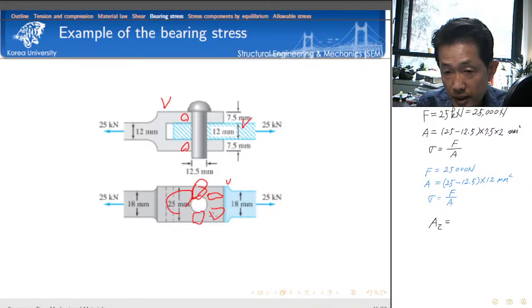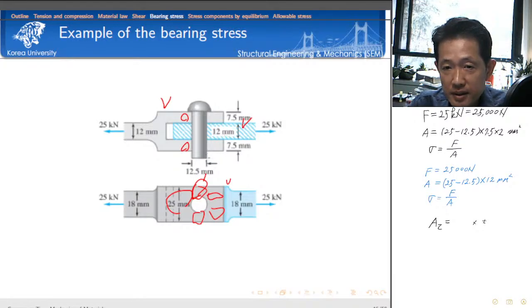So the shear area is clear distance to the free surface. The unit is not given. Okay, so let me skip it. So anyway, what we have to consider is the clear distance and then thickness, and then also we need to count the number of the areas for the calculation of shear resistance. Then it's very easy, right?